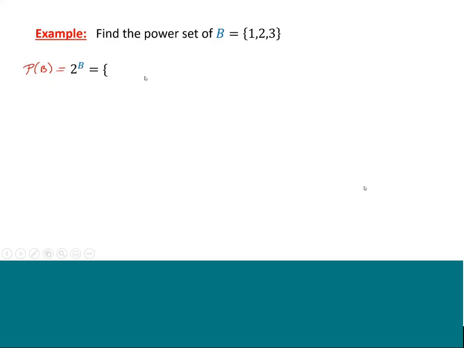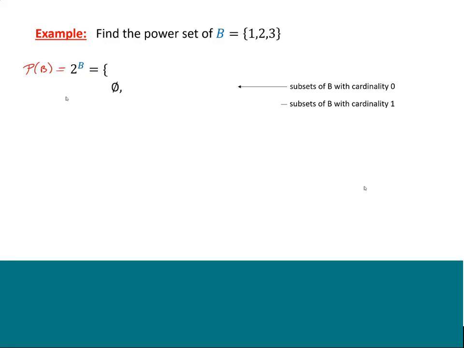Now, if we want to go ahead and build this thing, we can do the same strategy as before. We can start off and say, hey, we want to find all of our subsets of B with cardinality 0. And who did we say was going to be a subset of B with cardinality 0? Anybody remember that one? Yep, so just the empty set. Then we'll look at subsets with cardinality 1.